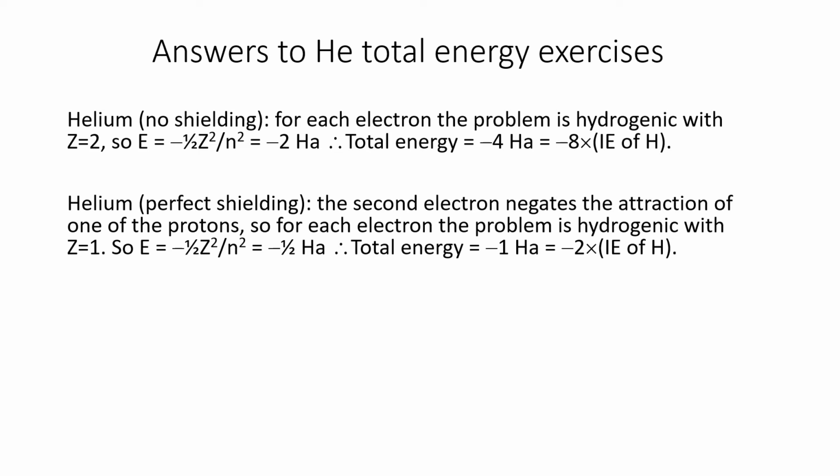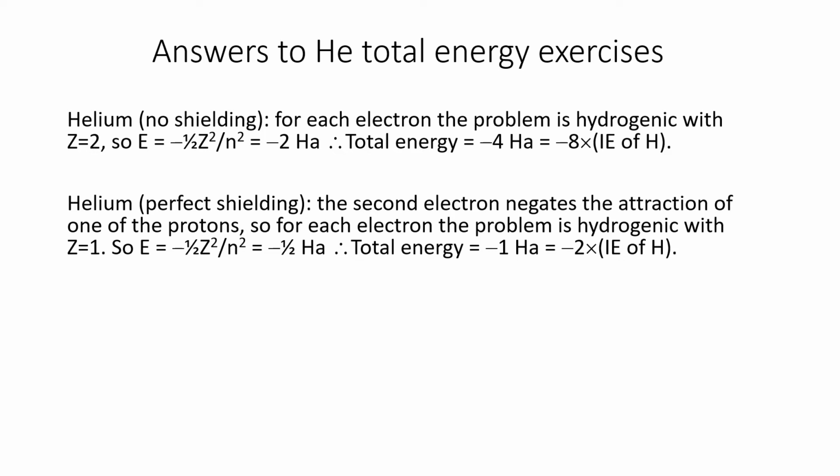If the second electron cancels out one of the protons in the nucleus, that will just leave you with a hydrogen atom. And so treating it just like hydrogen, the energy would come out as -half a Hartree, the total energy of the electron. But of course, since this is helium, we've got 2 electrons, we have to double that to get to the total energy, and so that makes the total energy -1 Hartree.